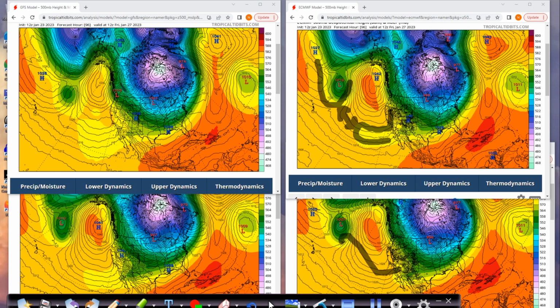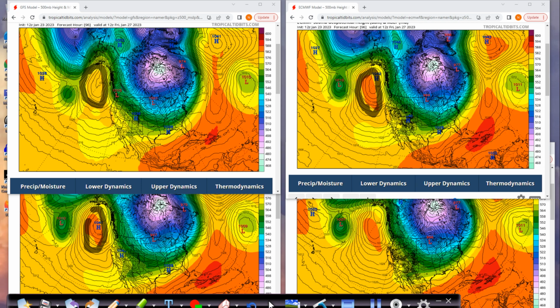You don't see it as much in the German model, but you see it, the European and Canadian look about the same, but it's most pronounced in the U.S. model. And again, that's partly because the U.S. model is a lot weaker with that ridge. Here, you don't see the orange colors anymore. On the other three models, you see this big area of orange color, which means these other three models have a stronger ridge: European, German, and the Canadian model.